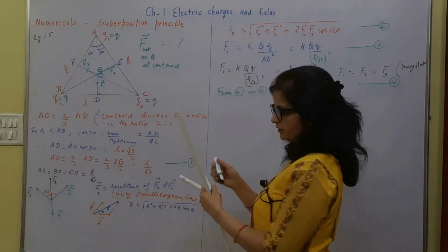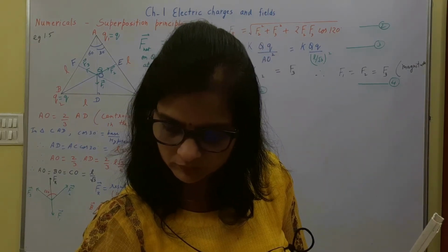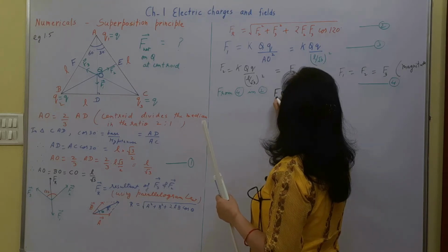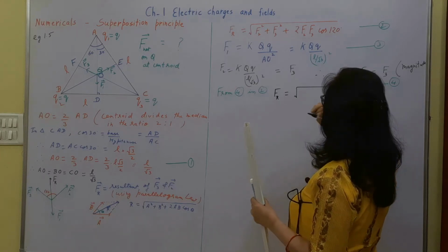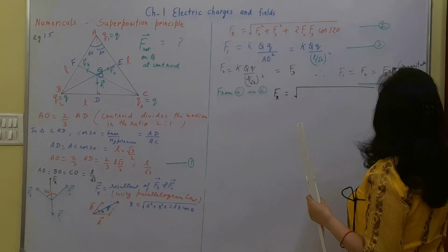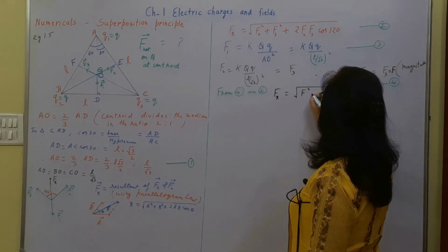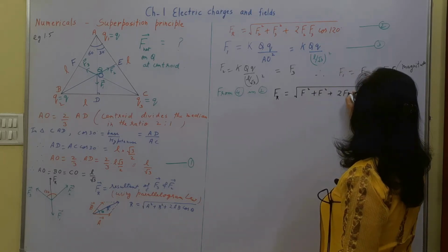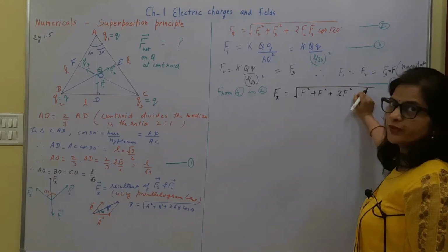I can write F r is equal to under root of. So let's mark all these forces by F, right? So I can write this as F square plus F square plus 2F into F cos of 120.